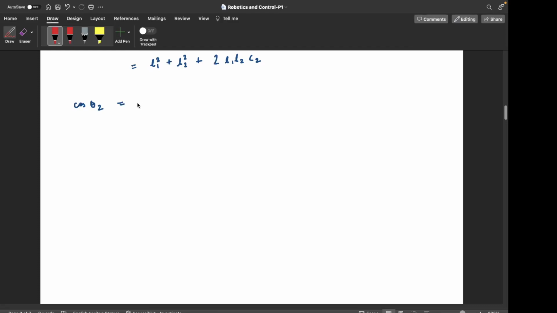So the expression for the first joint angle is cos theta 2 is equal to (px square plus py square minus L1 square minus L2 square) by 2 L1 L2, right?